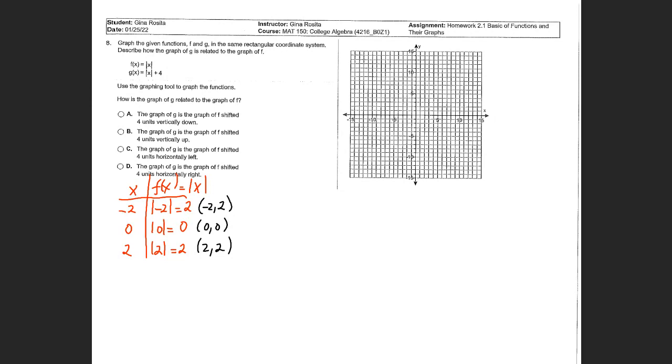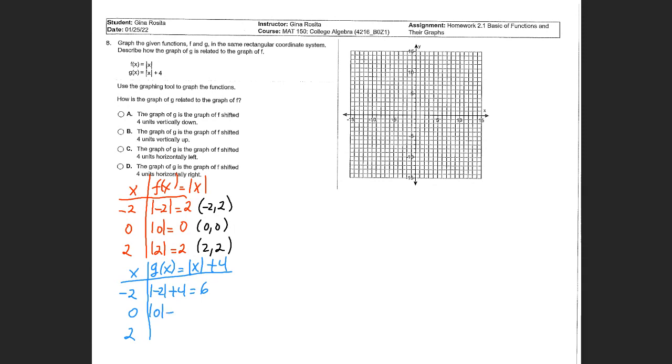Now for g of x. I'll just put it on the bottom here for g, so I have space for the graph. So this is x. This is g of x equals absolute x plus 4. The same, negative 2, 0, and 2. So absolute value negative 2 plus 4, so 2 plus 4 is 6.